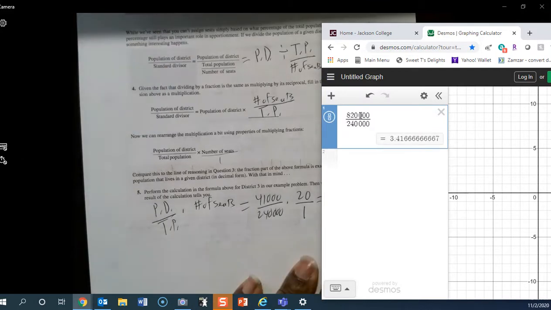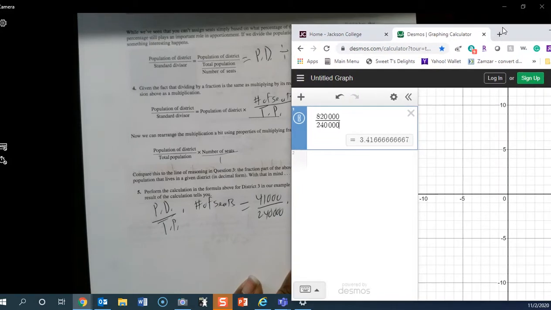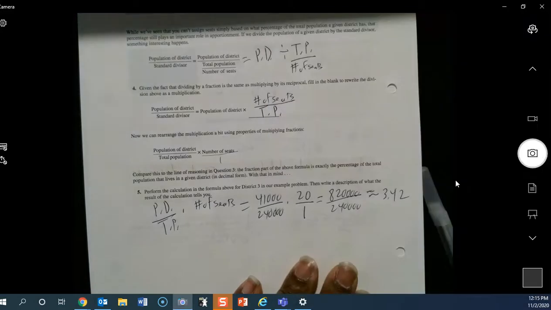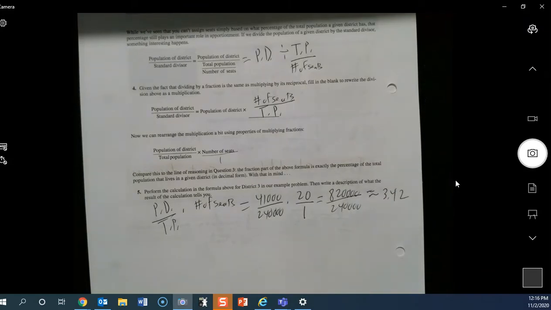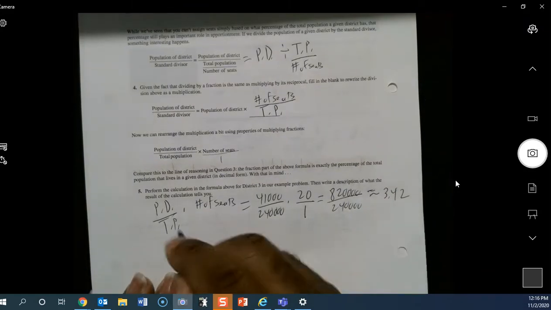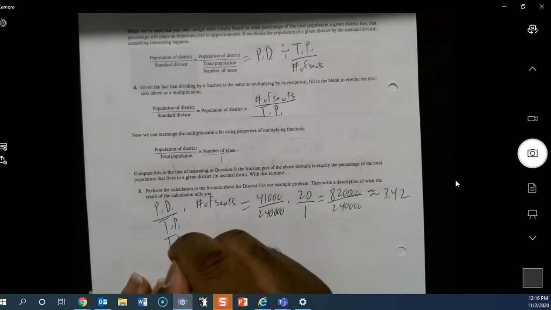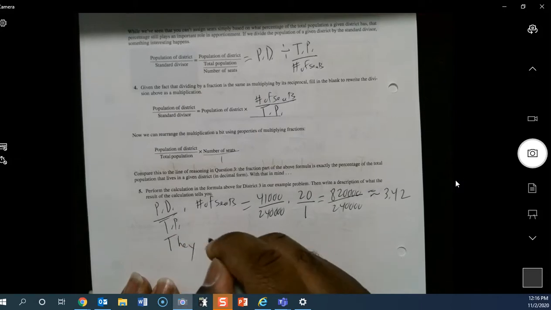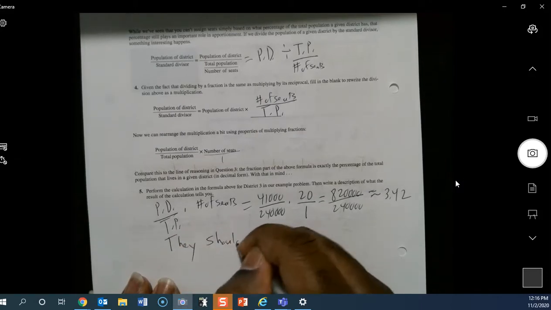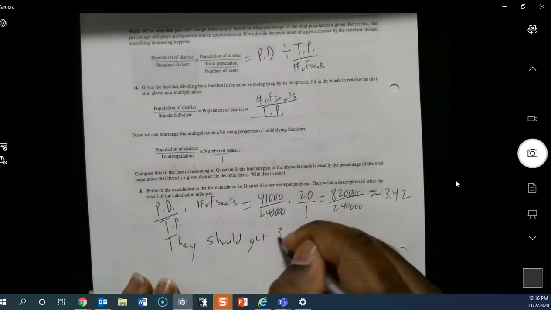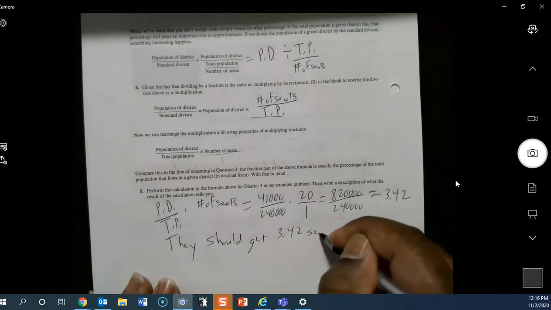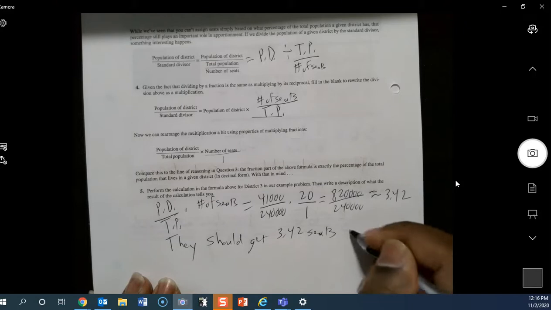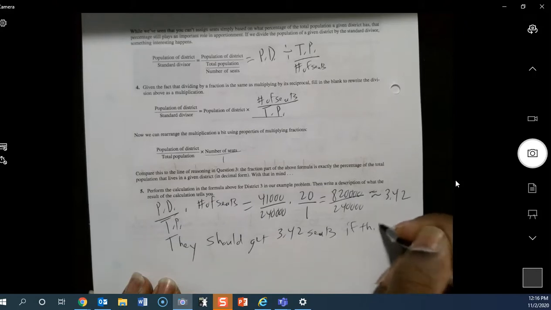And that will give us approximately, if we round to 2 decimal places, 3.42. It'll be approximately 3.42. So what this is saying is that this district should get 3.42 seats if this was possible.